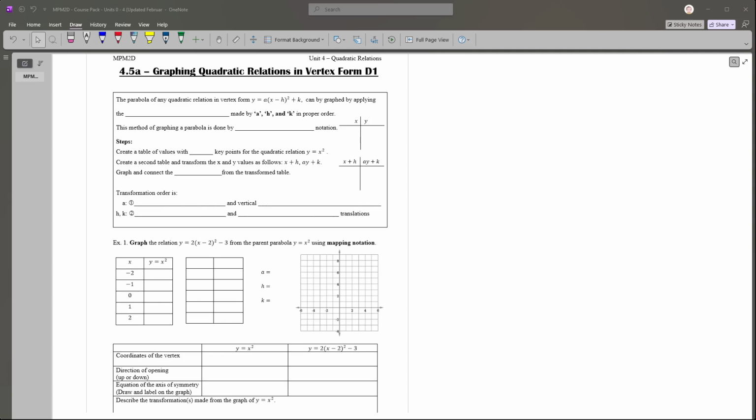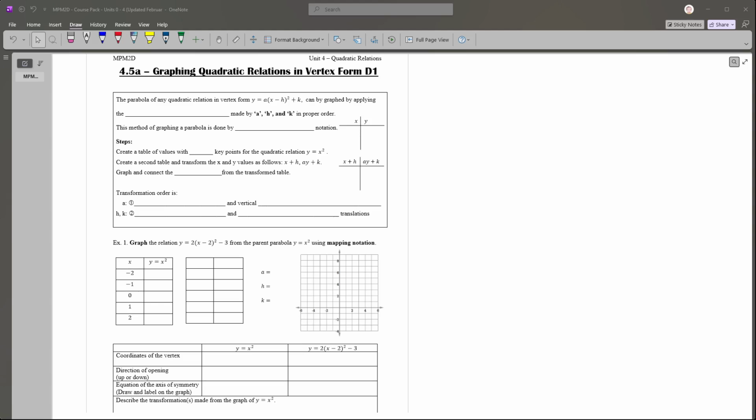Okay. So the parabola of any quadratic relation we know is y = a(x - h)² + k. And we can graph this by applying all the transformations. Transformations of what? a, h, and k. Now remember what each of these represented. a represented how much we vertically stretch or compress.